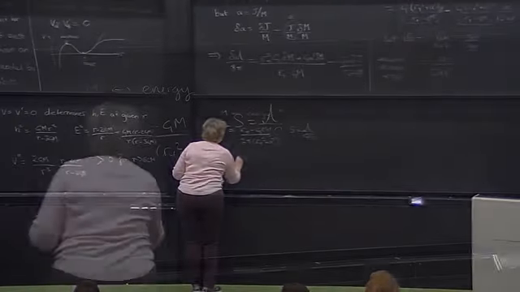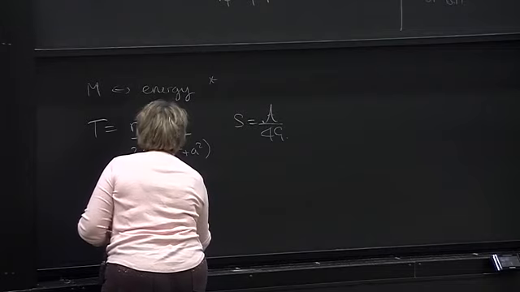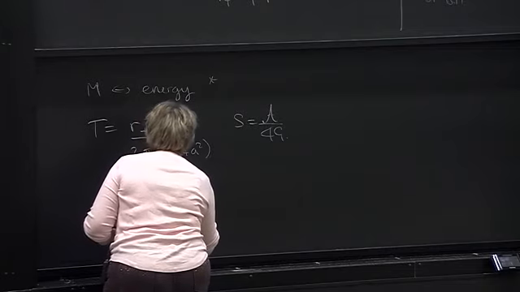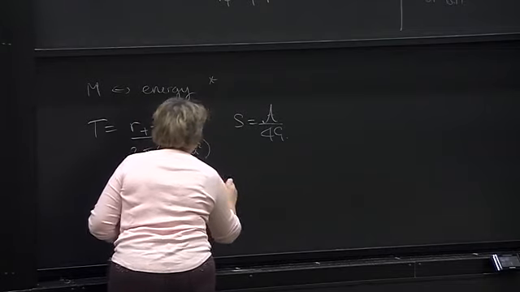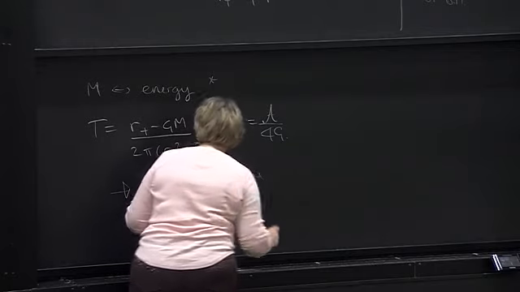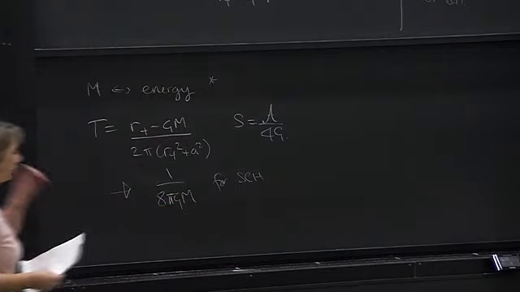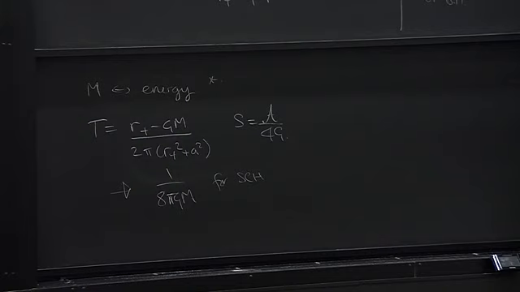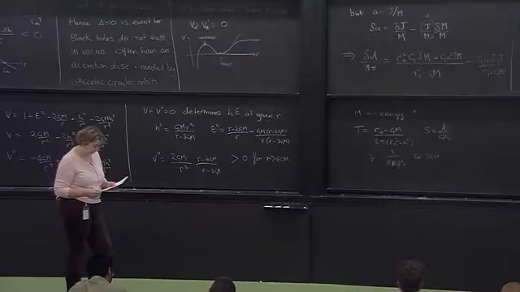So this T goes to 1 over 8 pi GM for Schwarzschild. And that was what Stephen Hawking had calculated back in 1974. So once you know what the temperature is, you know how to adjust all the constants, and you find that entropy is 1/4 of the area.